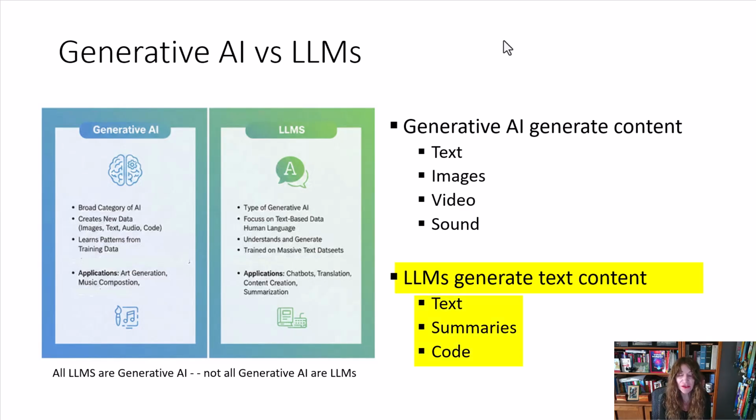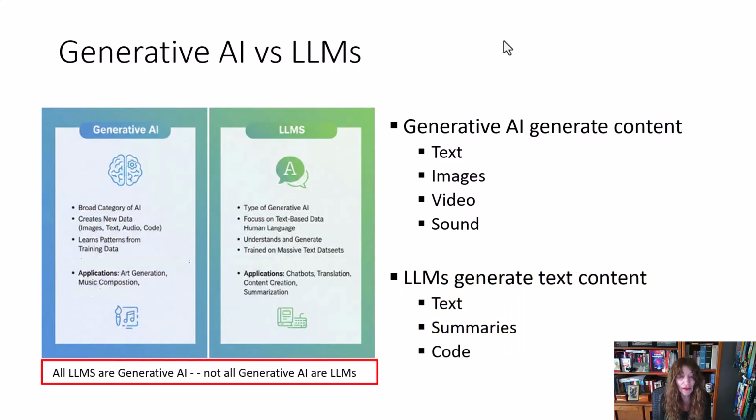It can be text, it can be summaries, it can be an outline, it can be a document, it can be code. While LLMs are generative AI, not all generative AI are LLMs. I would also like to add several of the LLMs out there today are capable of generating images because they work with an image model also.